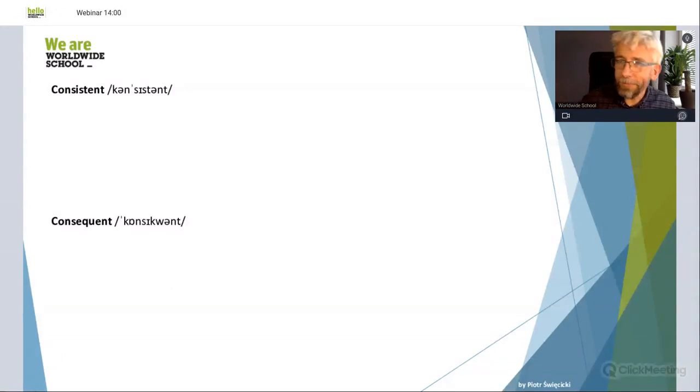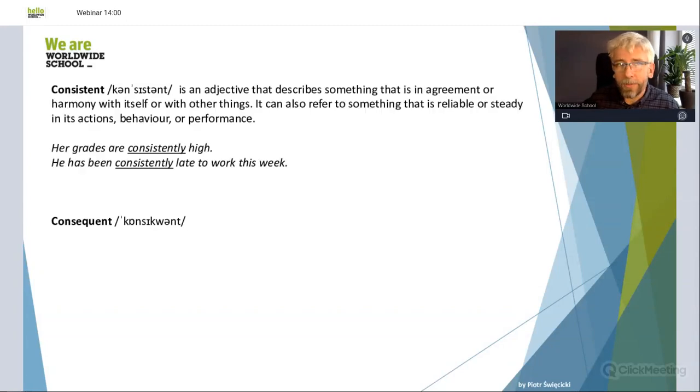This is one of my favorites, mainly because it's very often mistranslated. If you want to say konsekwentny, musi być konsekwentny. A classic mistake is to translate konsekwentny as consequent, which is wrong. It should be consistent. Consistent is an adjective that describes something that is in agreement or in harmony with itself and with other things.